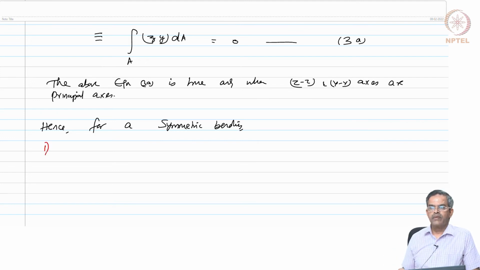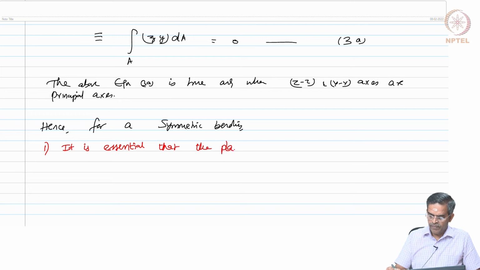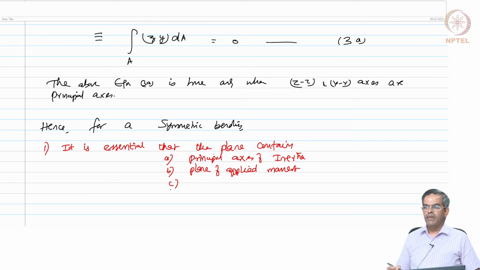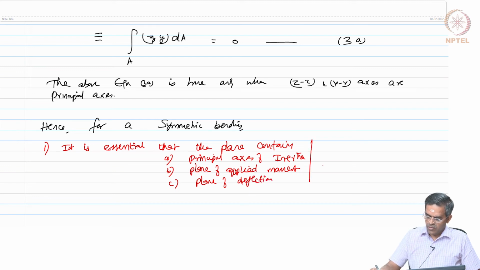One, it is essential that the plane containing A, the principal axis of inertia, B, the plane of applied moment, and C, the plane of deflection, should coincide.